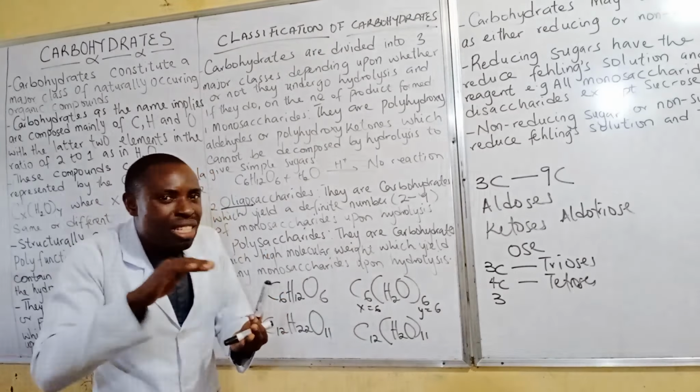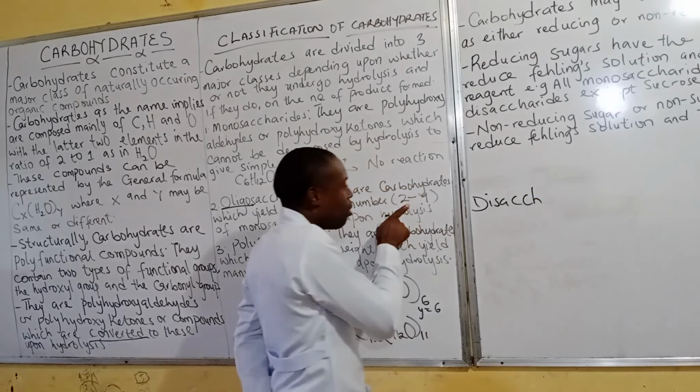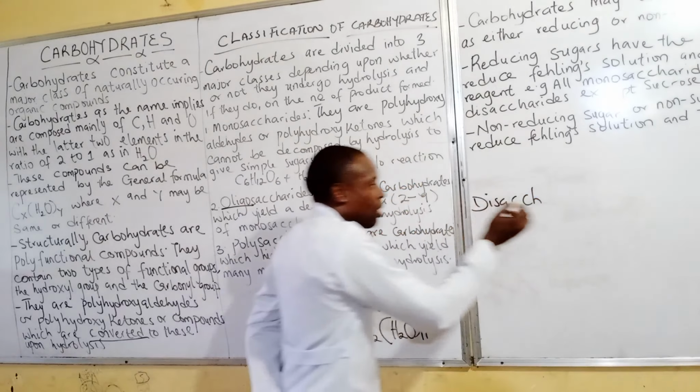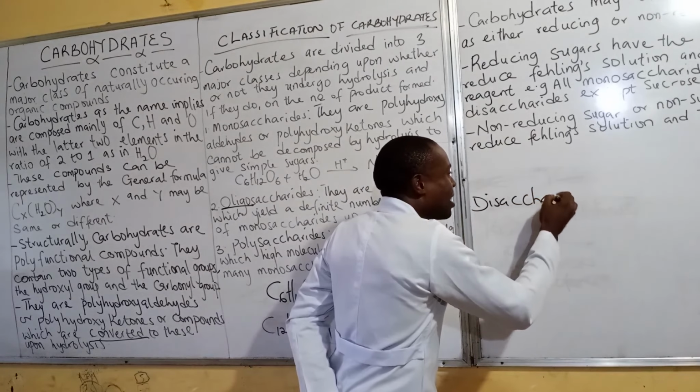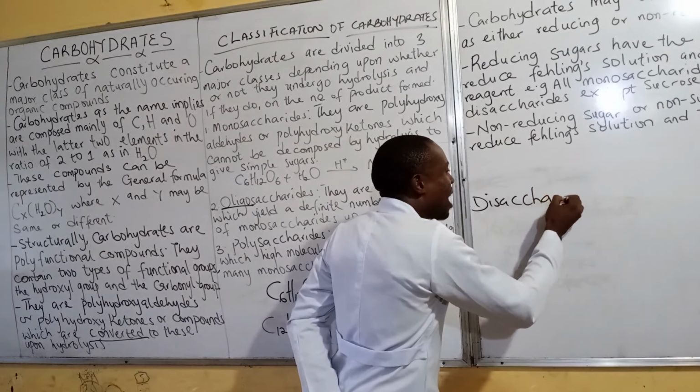Now we continue. Oligosaccharides can be divided further. Just like we have 2 sugars, which is called a disaccharide, in which upon hydrolysis they yield their monosaccharide molecules that formed it.